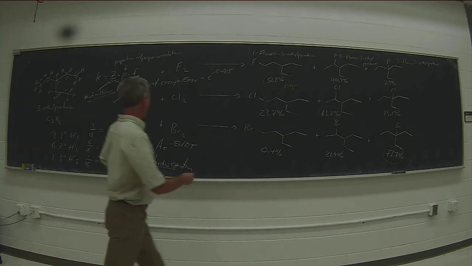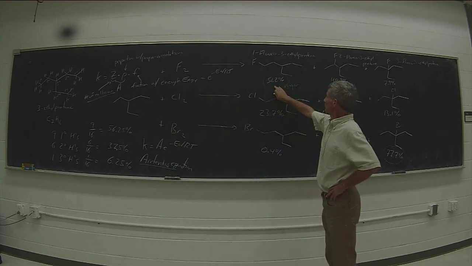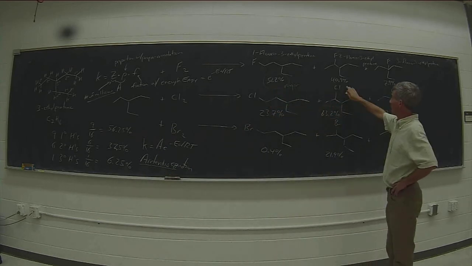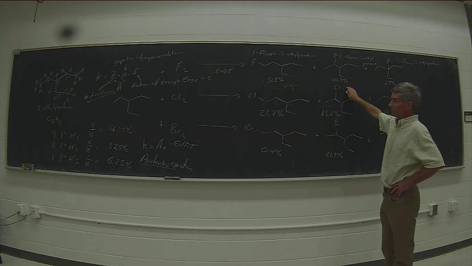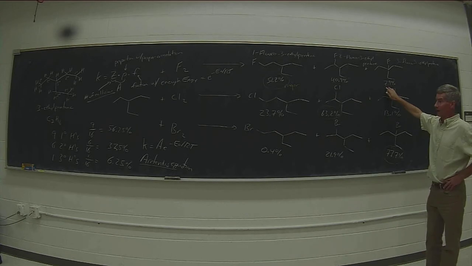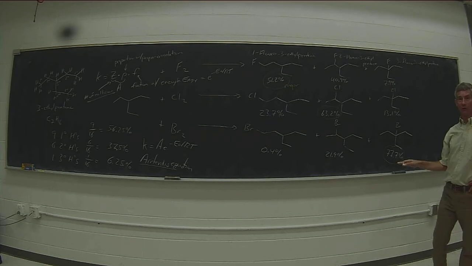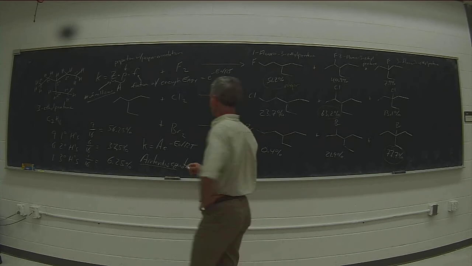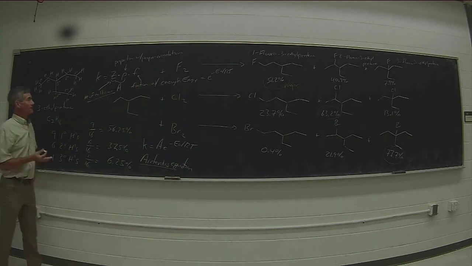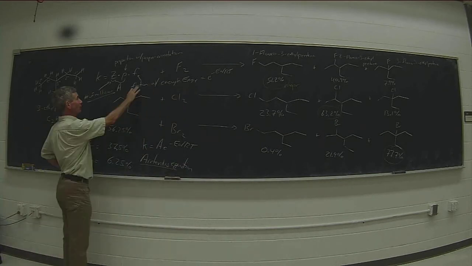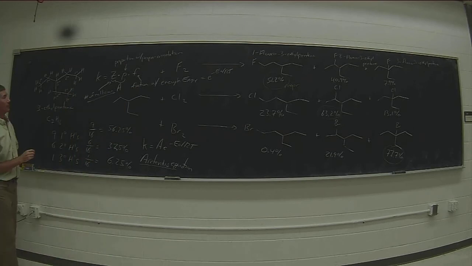Fluorine comes relatively close: 51.2%, a little less than 56.25, 40.9, a little bit more than 37.5, and 7.9, a little bit more than the 6.25. But the other two don't come anywhere close to the statistical distribution, which suggests that there's a difference in the fraction that have enough energy to overcome the activation energy barrier for colliding with the secondary hydrogen than there is for colliding with the primary hydrogen or the tertiary hydrogen.